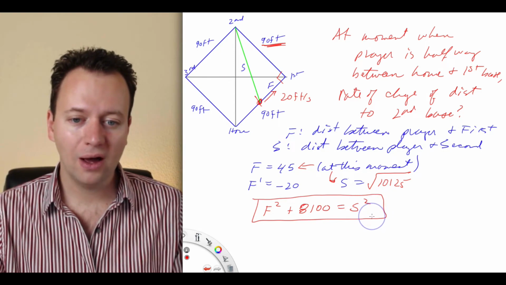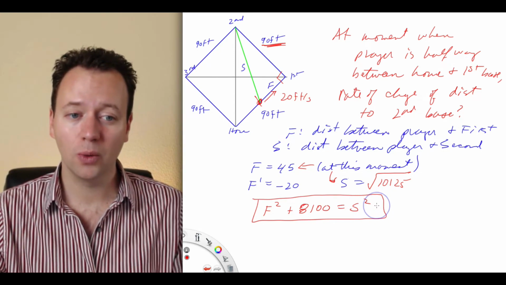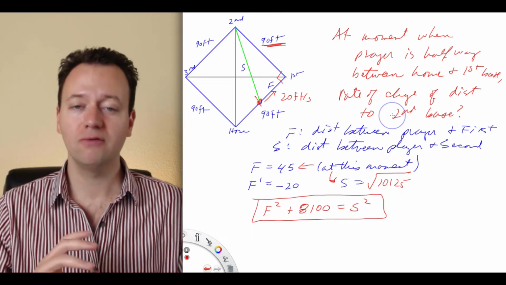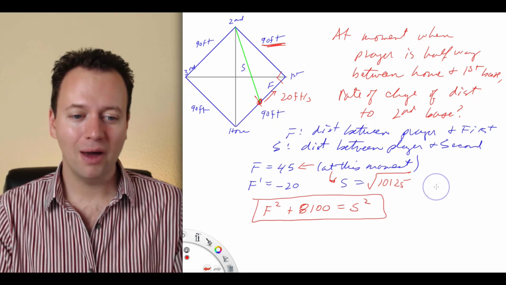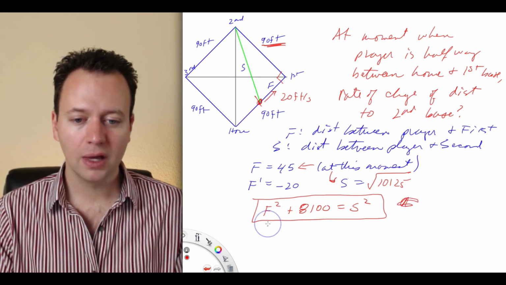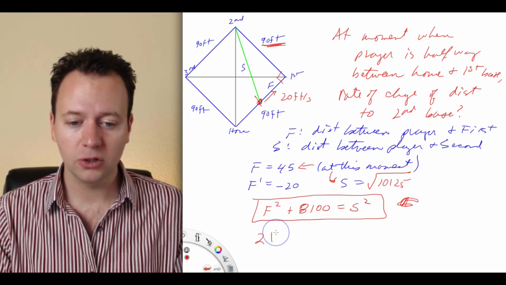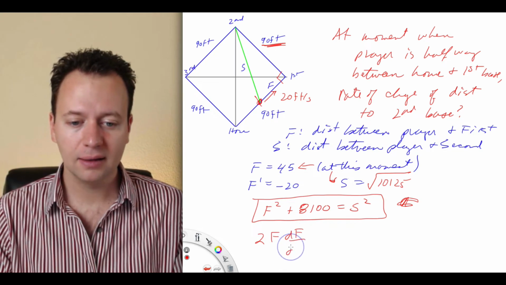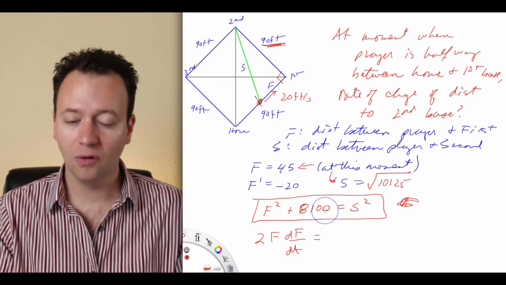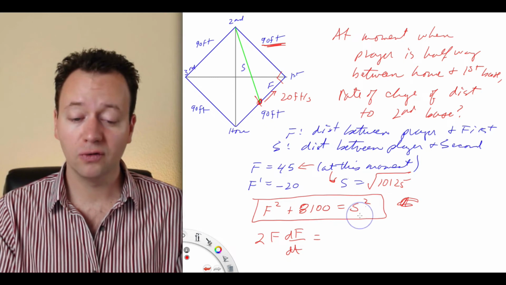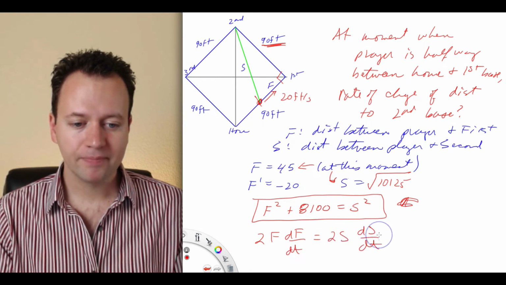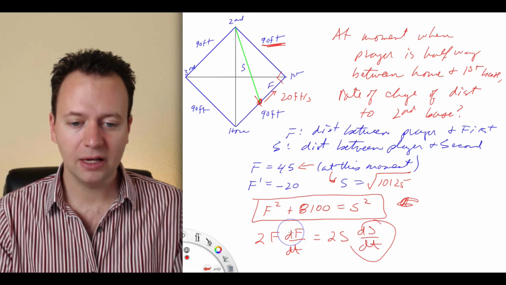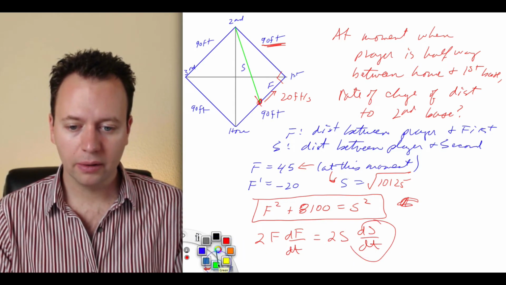To figure out what dS/dt is, which is what the problem's asking for, the rate of change of the player's distance to second base, we have to differentiate this with respect to time. The derivative of F squared is going to be 2F dF/dt, the derivative of 8,100 is 0, and the derivative of S squared is 2S dS/dt. So we can solve for dS/dt.